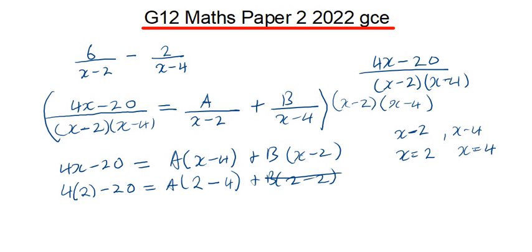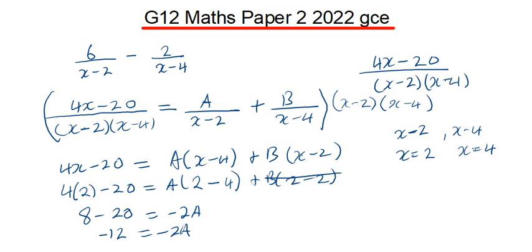So now 4 times 2 is 8. You're going to get 8 minus 20 is equals to A times 2 minus 4, which is negative 2, so this is going to be negative 2A. So 8 minus 20, we are going to get minus 12. So this will be minus 12 is equals to minus 2A.